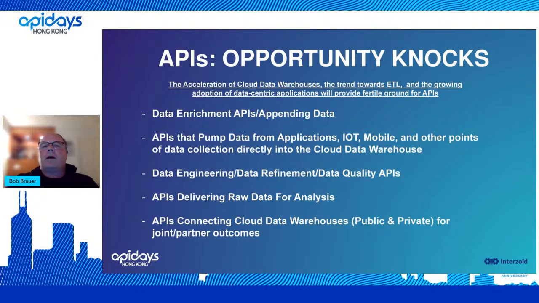And so there's a bit of legwork to do, as we showed with some of the data engineering challenges. But I think, if you've been in the API space for a while, it feels like it's taken some time to grow at the levels we've all expected. But I think this movement of data to the cloud is really a way to bring about the long-awaited golden age of APIs.